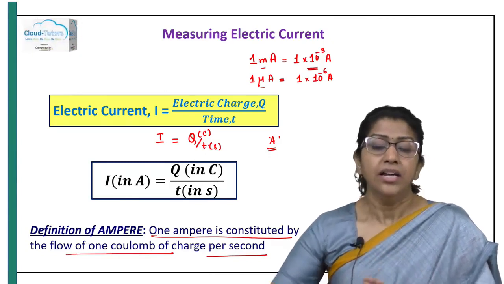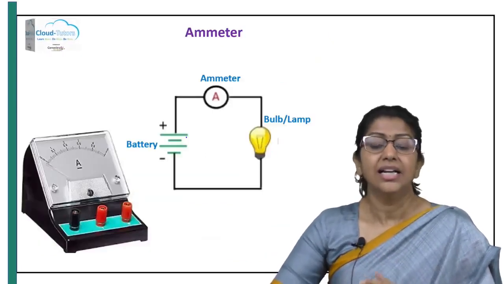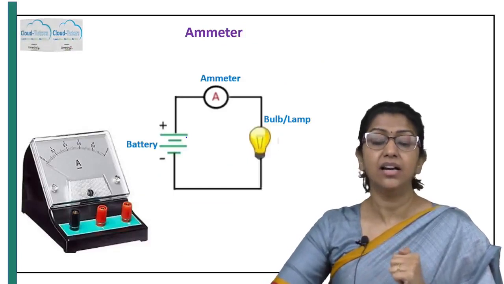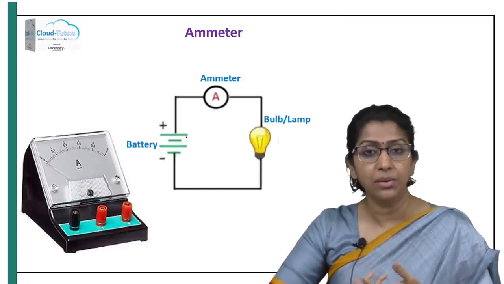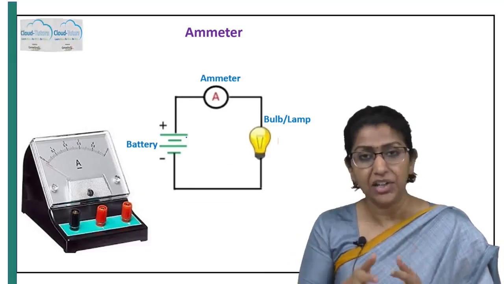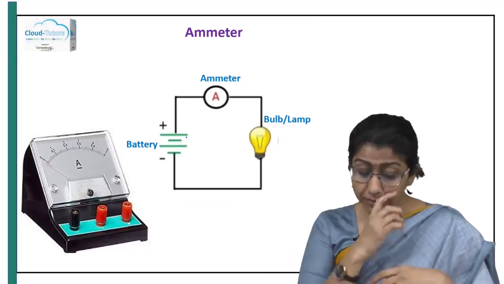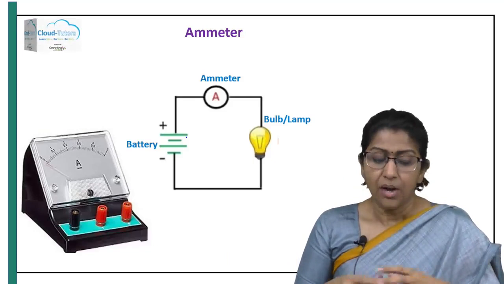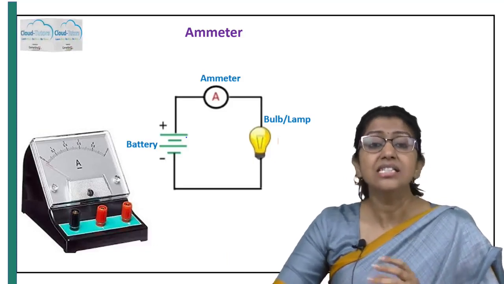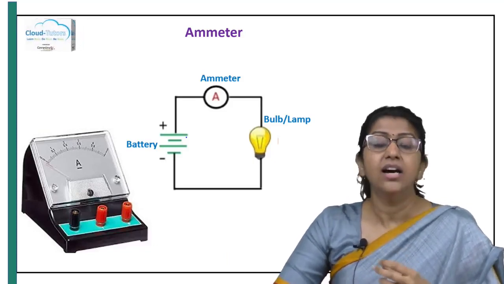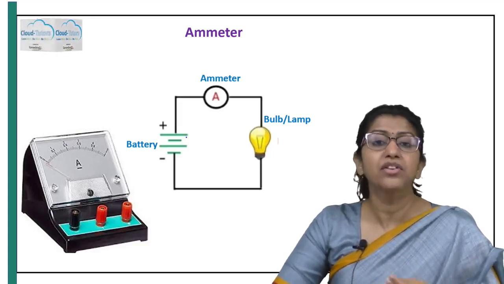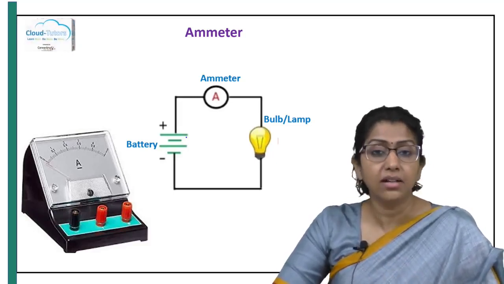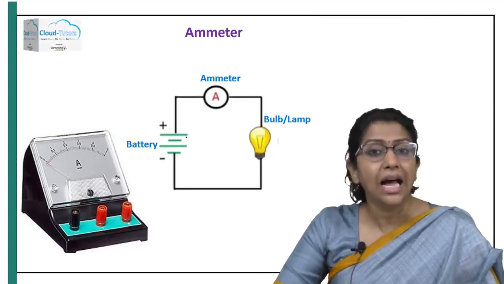Alright, now with this basic understanding, let's understand how a particular amount of current through a circuit is measured in practice. As you can see here, we have a simple circuit, and the instrument that we use to measure the amount of current through a circuit is called an ammeter.